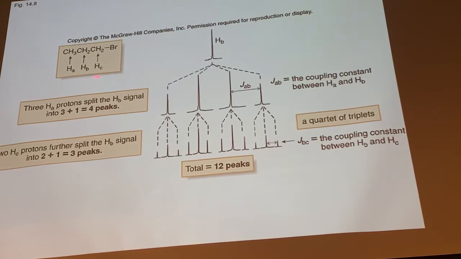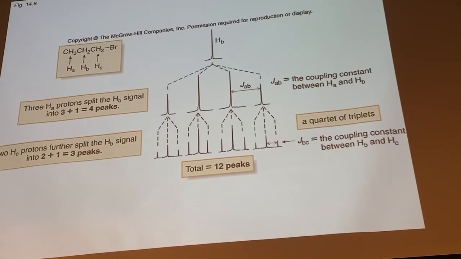And if we have an acyclic molecule, such as 1-bromopropane, the J values are very, very similar. So you're going to see something that closely resembles the n+1 pattern, where we would take 3 and 2 and add that together, get 5, and add 1 and get 6. We'd see something much closer to a sextet than to this quartet of triplets for this molecule.